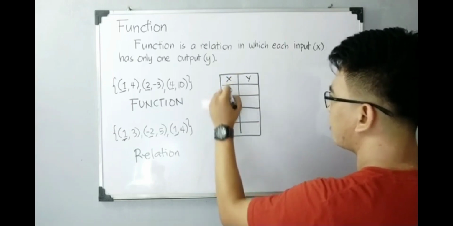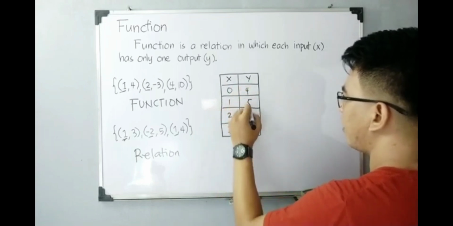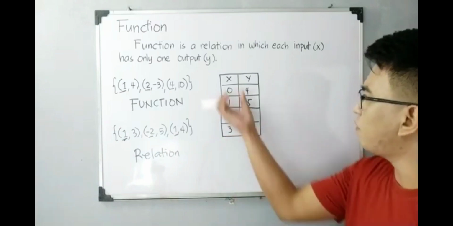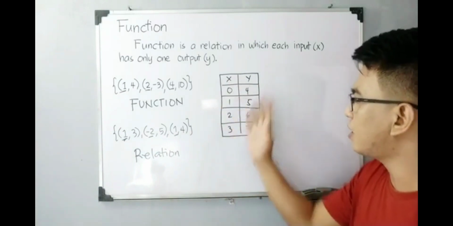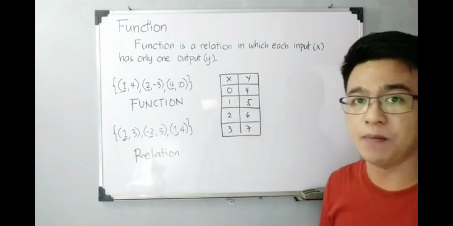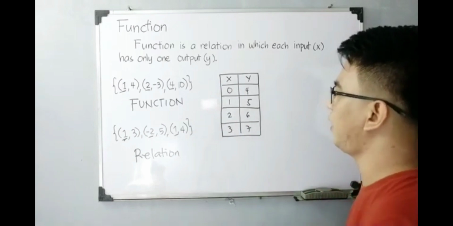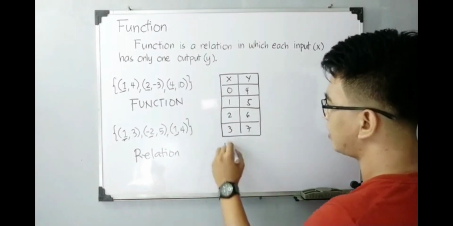We have 0, 1, 2, 3, tapos 4, 5, 6, 7. So as you can see guys, kung focus ka ngayon sa x values natin, 0, 1, 2, 3, this table of values is an example of a function. Kasi walang nauulit na x value. Okay? Walang nauulit na x value. So this one is a function.